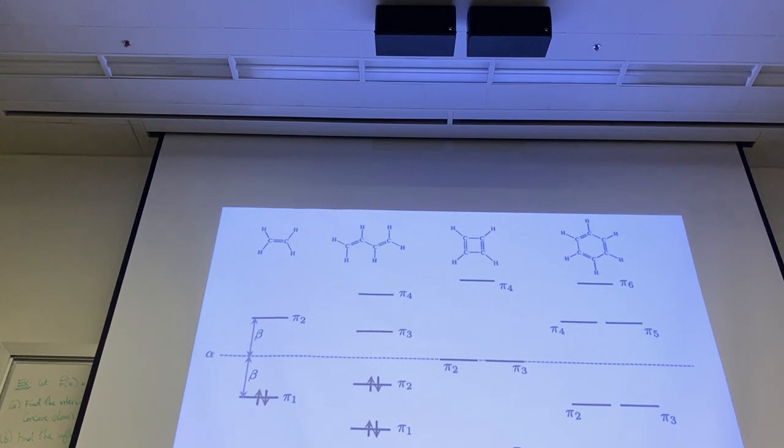Okay, so let's make it explicit. I have 0.48 beta more in my butadiene system, and if I compute that, because beta is an integral, I can numerically evaluate that, I find negative 115 kilojoules per mole. It's a negative number, which means it pushes things down in energy, lower energy.